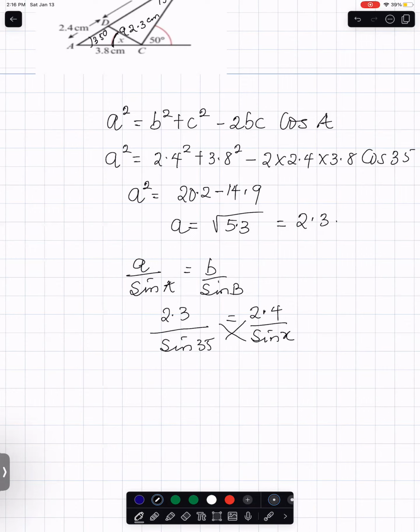So cross multiply, we have 2.3 sine x is equal to 2.4 sine 35. Divide by 2.3.